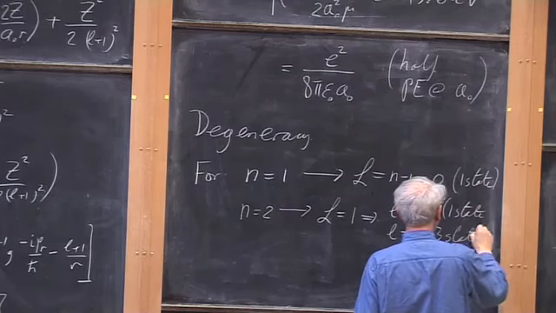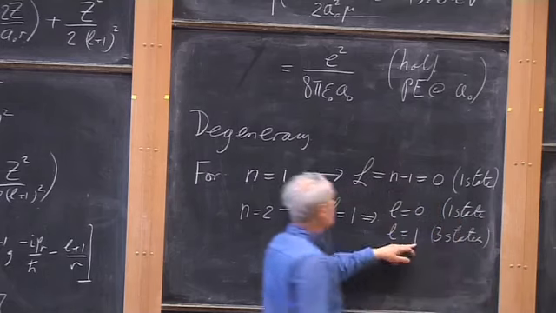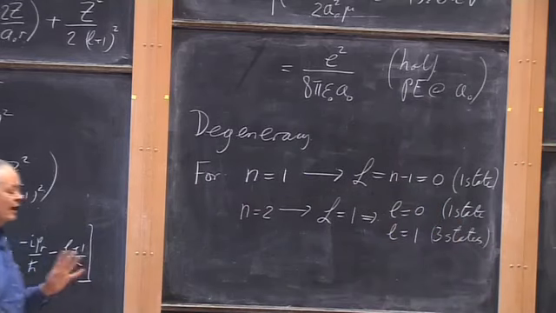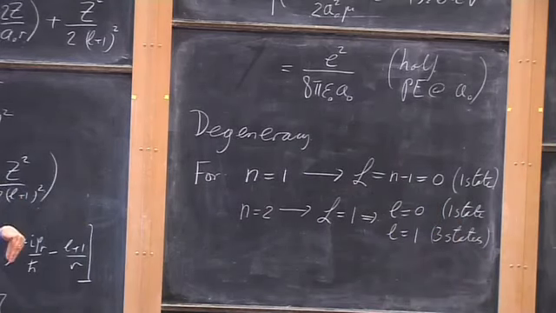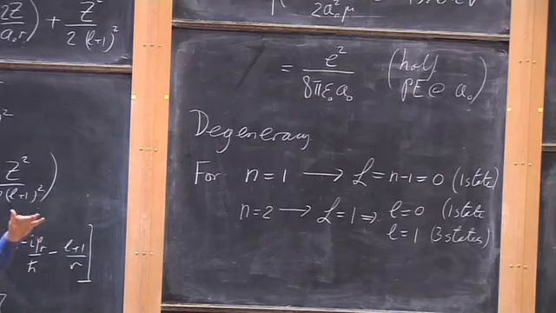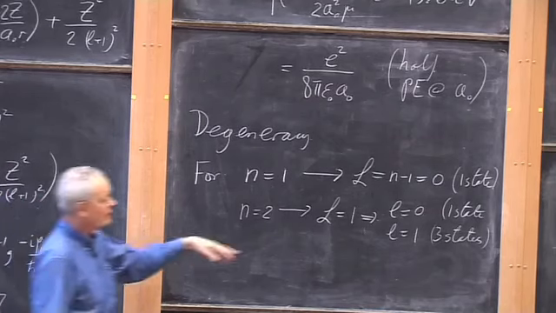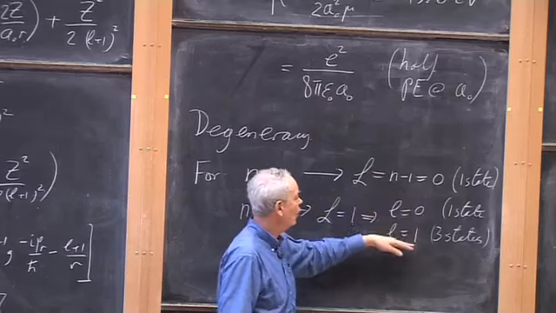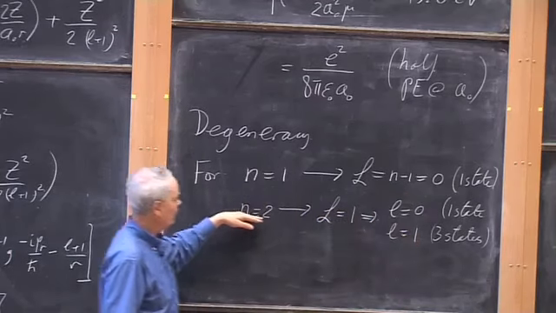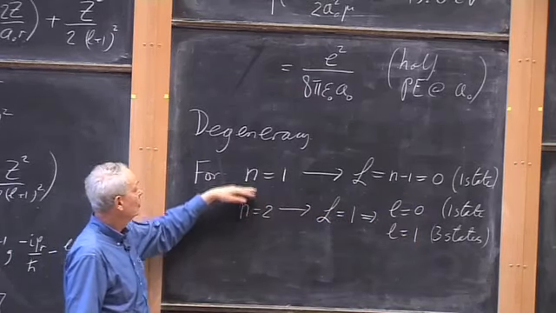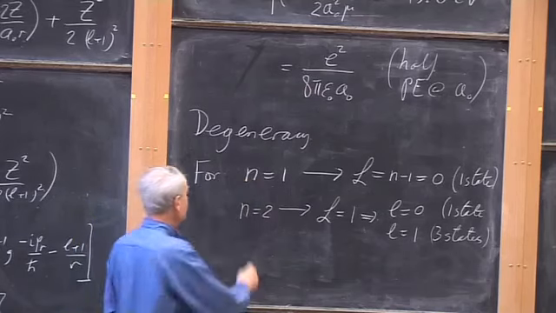Because for L equals 1, we have total angular momentum 1, which means three possible orientations. M can be 1, 0, or -1. So we have three quantum states here, one here. So we've got four states all with the same energy for n equals 2, one for n equals 1, and so it goes down the line.